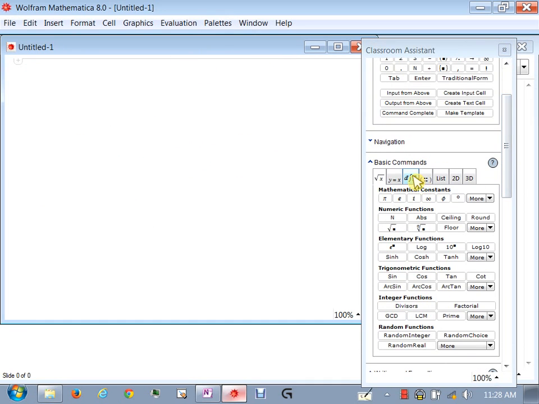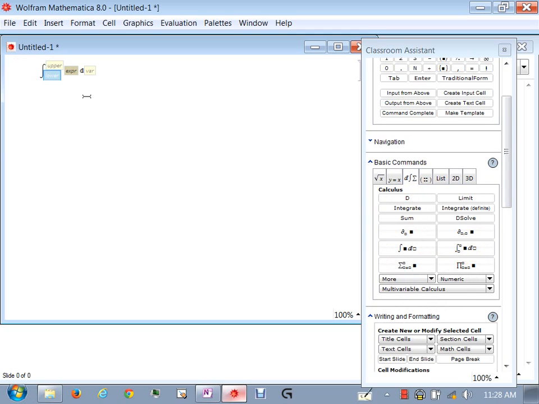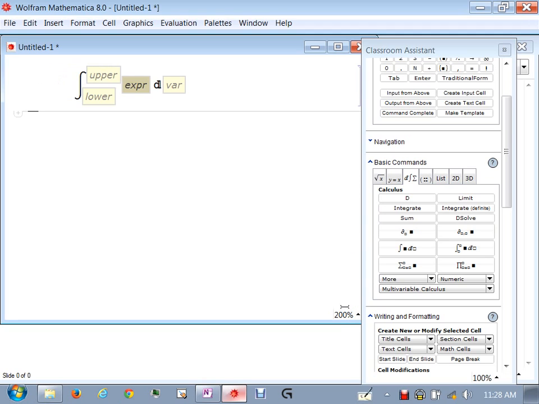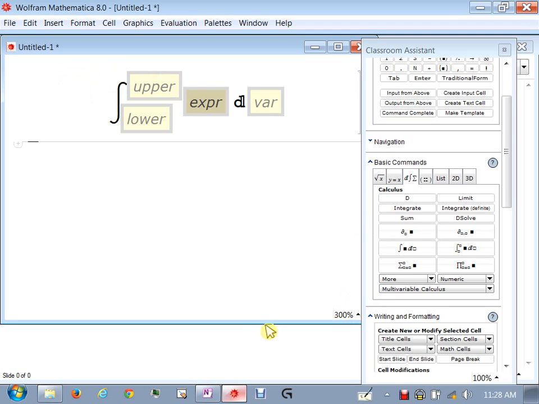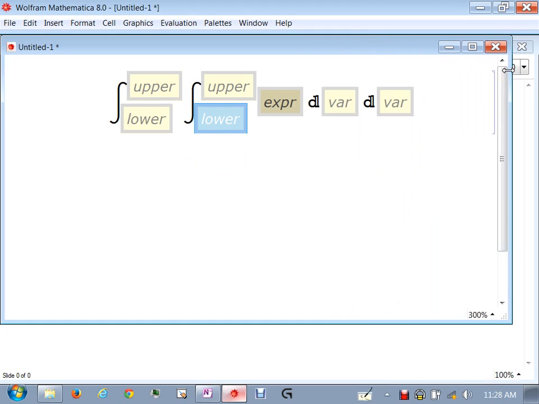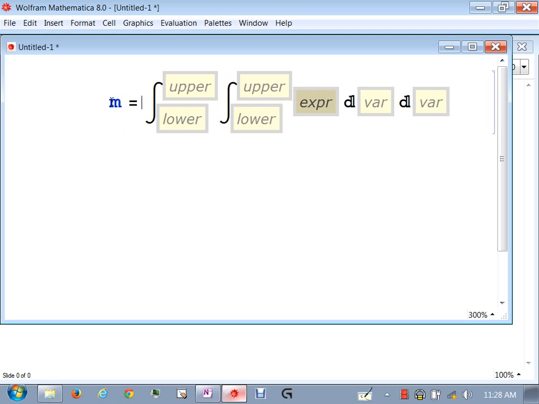So what's cool about this Mathematica is that I can do a double integral. Let me open this up so you can see it. Have I shown you how you put the double integrals in here? No? So here's a single integral, right? Inside where that expression is, I'm going to throw another double integral in there. That's the way you do a double integral in Mathematica. So I'm going to say m equals this.